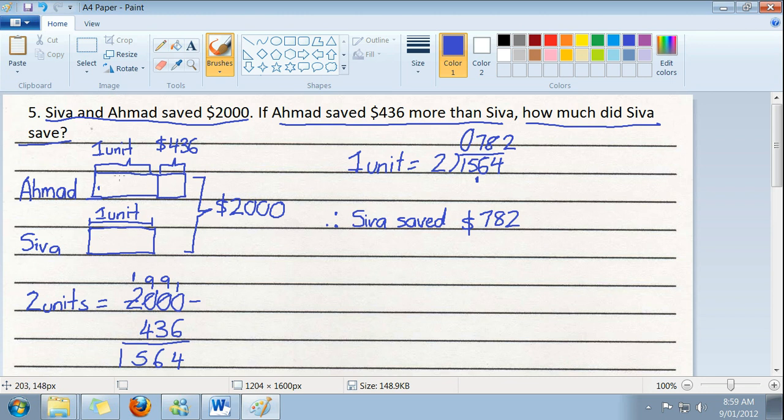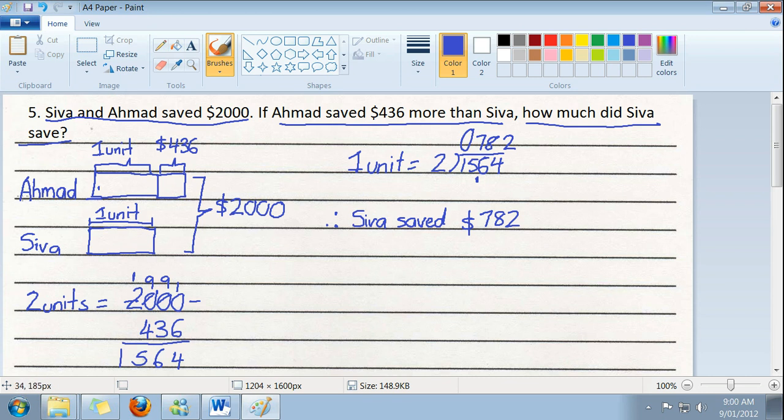Okay, so I want you to think about that. Now Ahmed had $436 more because the question told us that he has more money than Siva, that much money. Okay, so that's why this bar here represents 436. Okay, in other words, we can say that Siva has $436 less than Ahmed. Okay, and from here to here is 2,000.